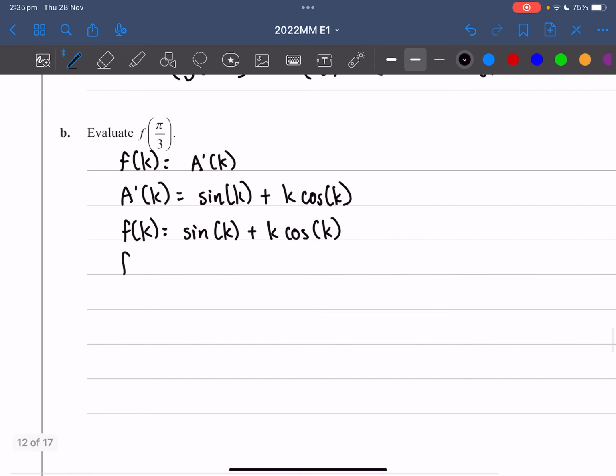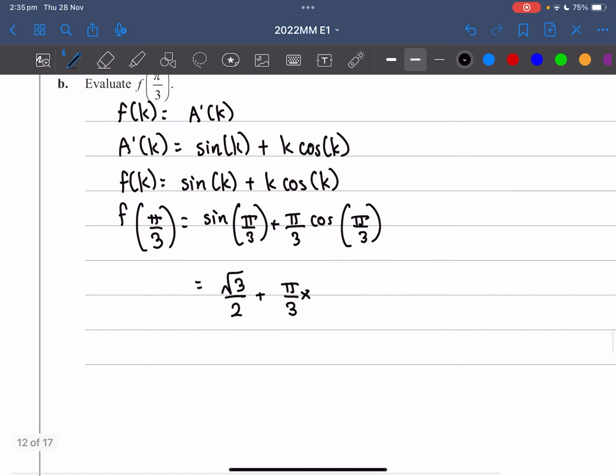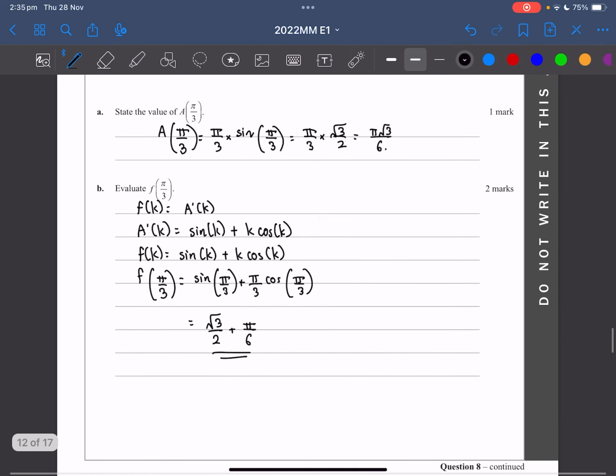Okay, so our f of pi on 3 would be sine pi on 3 plus pi on 3 cosine of pi on 3. So that would be root 3 on 2 plus pi on 3 times cosine of pi on 3, which is 1 on 2. So that is pi on 6. So that should be our f of pi on 3.